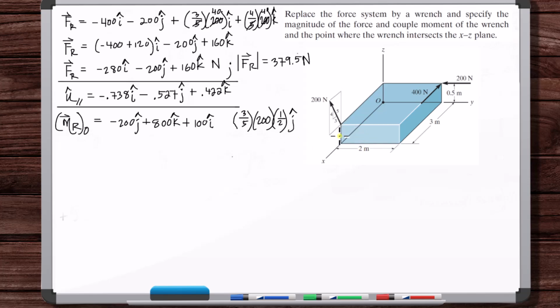Is this positive or negative? Right hand rule, this is positive. Now the vertical component, we've got 4/5 times 200, and this moment arm is 3. This is also j hat, and this is negative.